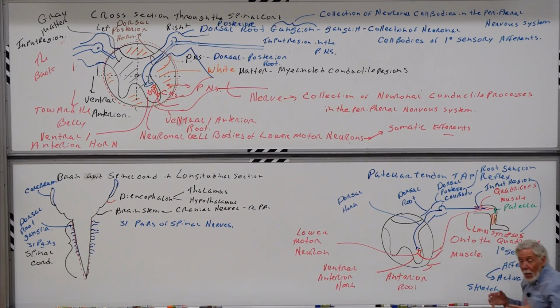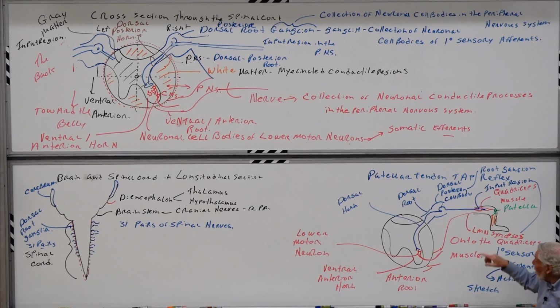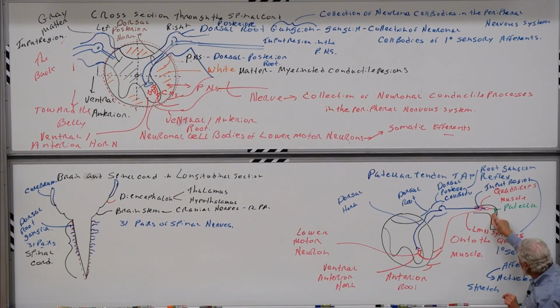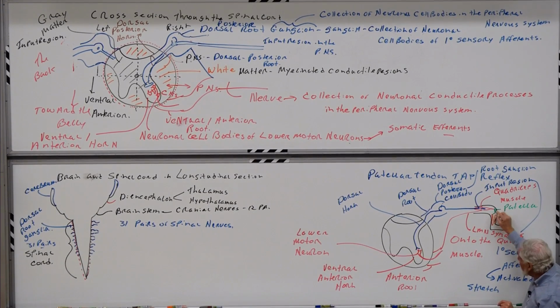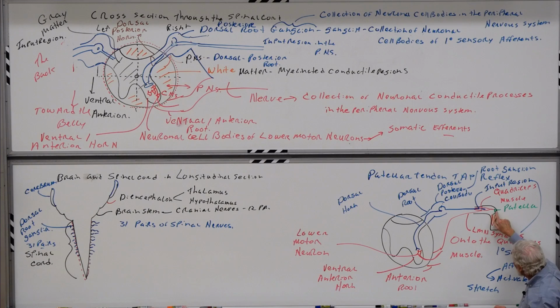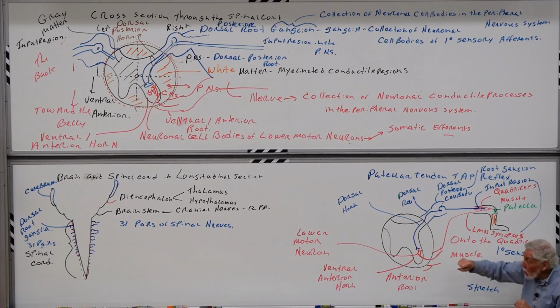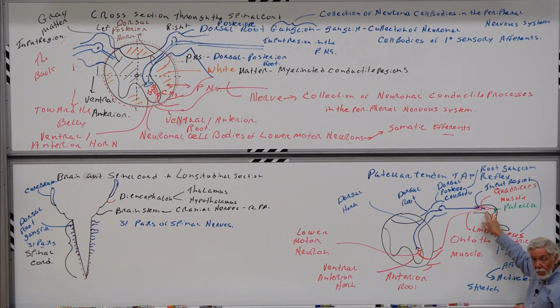So now let's follow the pathway that I showed you by sitting on the table. Come out and you whack the tendon here. The patellar tendon gets stretched and pulled. That in turn, because of the connection of the patella to the quadriceps muscle, pulls or stretches the quadriceps muscle.